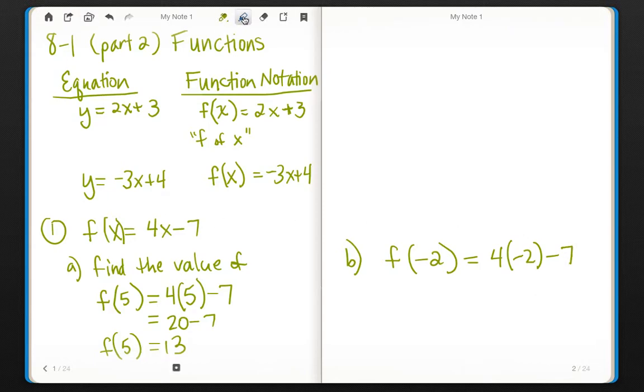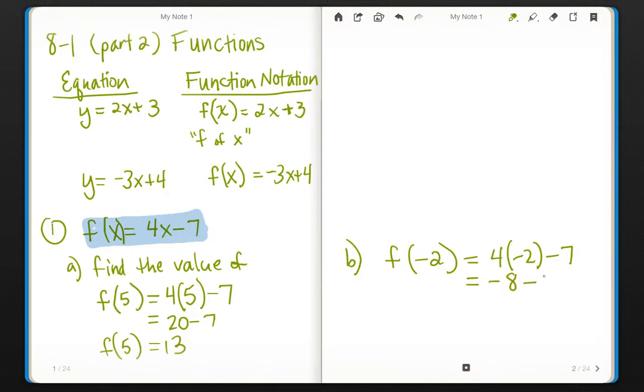Again, I'm going back to this function and just plugging it in. So then I simplify. 4 times -2 is -8. And I have subtraction. Remember, we rewrite it as addition. You add the opposite. So we get -15. So f of -2 is equal to -15.